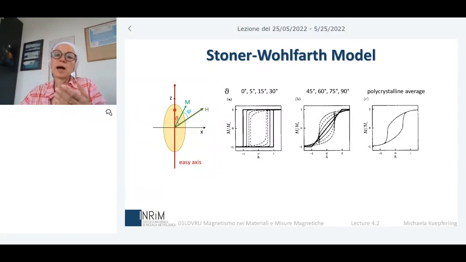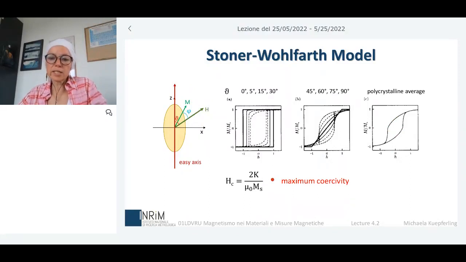If we then apply a magnetic field, then we will have a polycrystalline hysteresis curve, and this would be kind of an average of all different directions of our Stoner-Wohlfarth model. And in this case, you will find that remanence corresponds to 1/3 of your saturation magnetization.